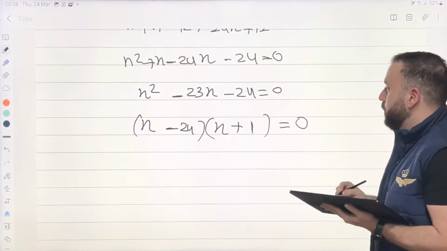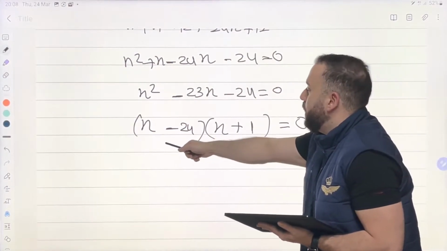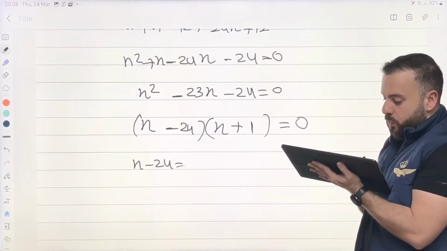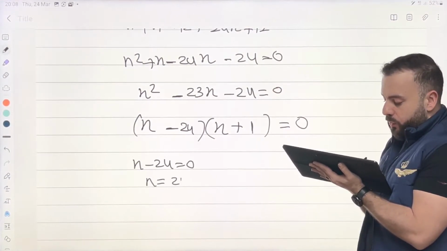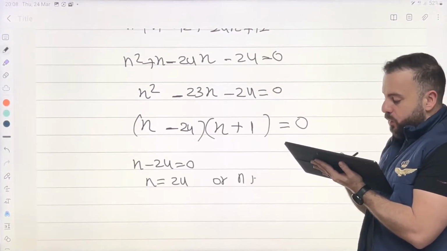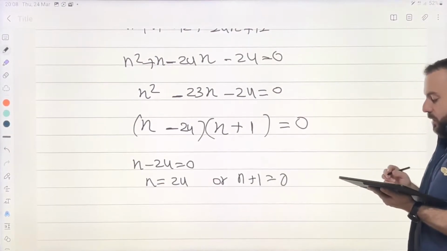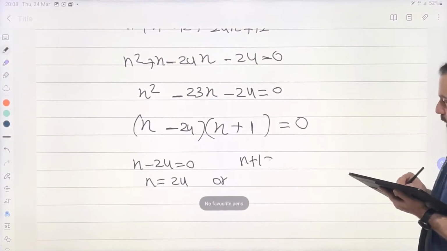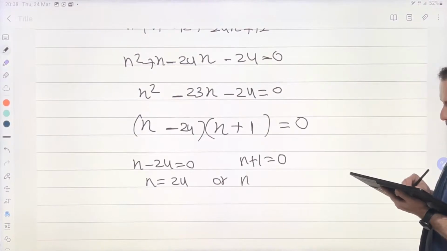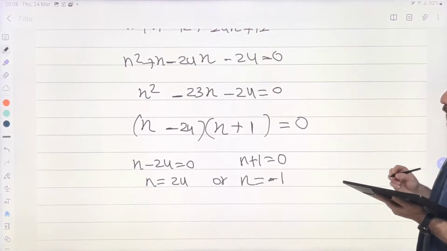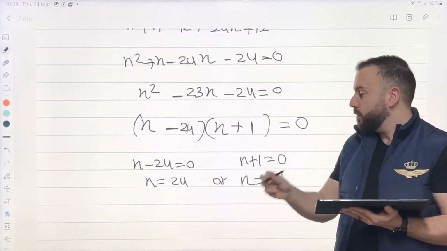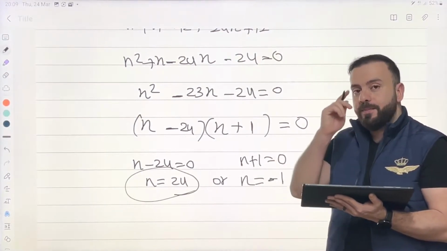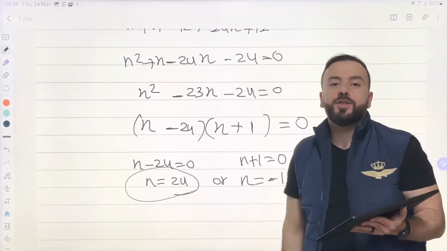So we can say that n minus 24 is equal to 0, which means that n is equal to 24, or n plus 1 is equal to 0. That means that n is equal to negative 1. So of course, since it's a positive integer, we choose what? N is equal to 24. Okay, thank you very much. See you in question 4.